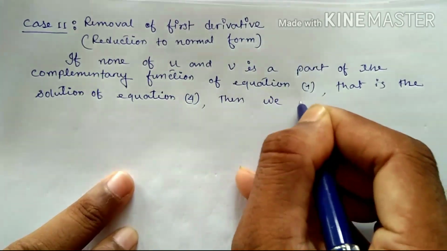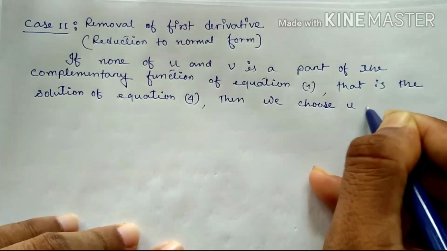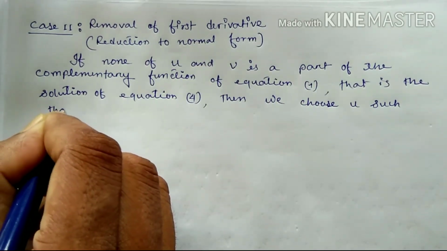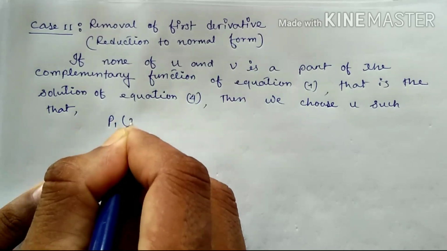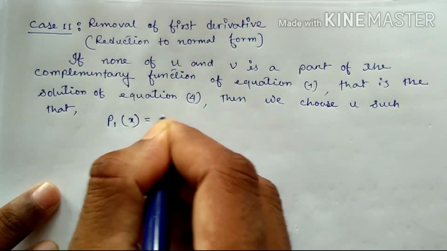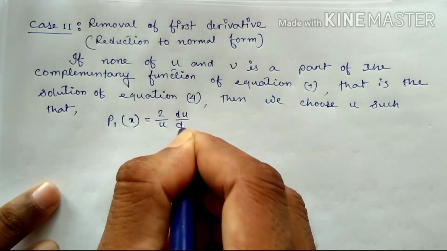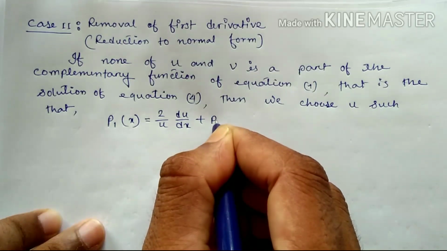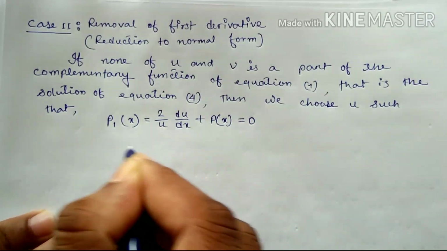Then we choose u such that p1 of x is equal to 2 by u du upon dx plus p of x is equal to 0.